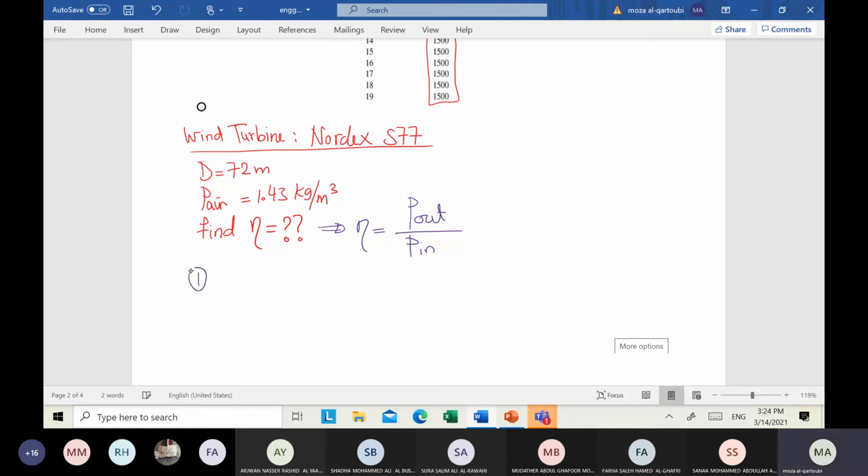Step number 1 should be to find P in. P in is called P wind, as given in the reference. How to find this value?